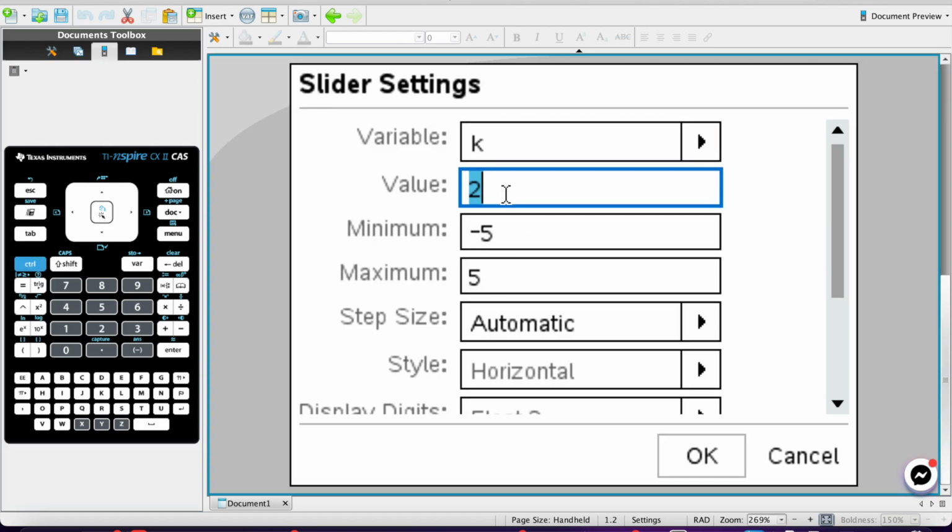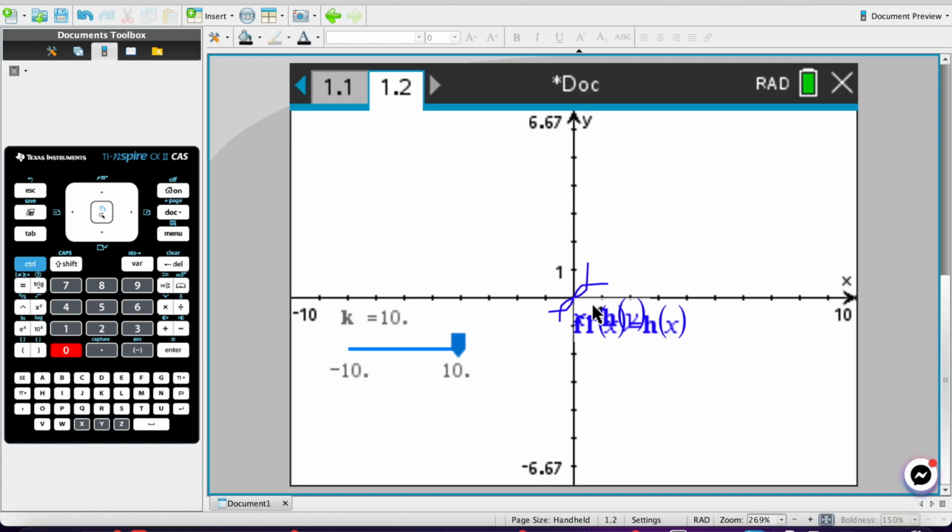So for the value, we'll say we want to check like 10, let's say 10. And yeah, you can see we've got that intersection. So from 4 onwards, we have that bounded area. So for k is greater than 4.